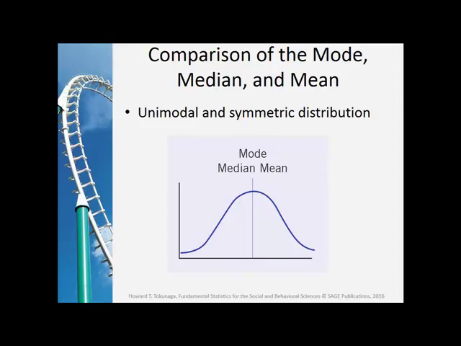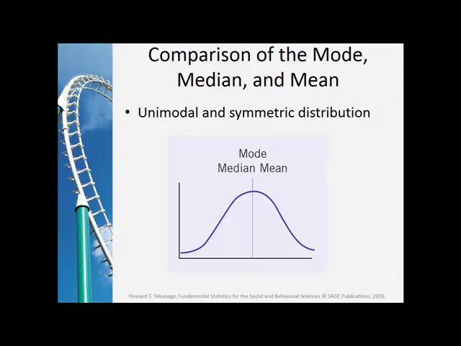So actually thinking about the shape of your data and plotting it out and trying to recognize, okay, let's take a look at this. Ideally, if we have a perfectly normal distribution, the mean, the median, and the mode should all be the same. They should all be the same value.